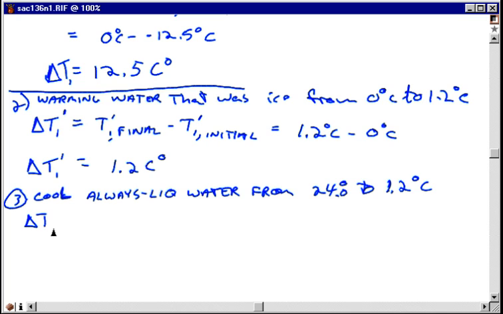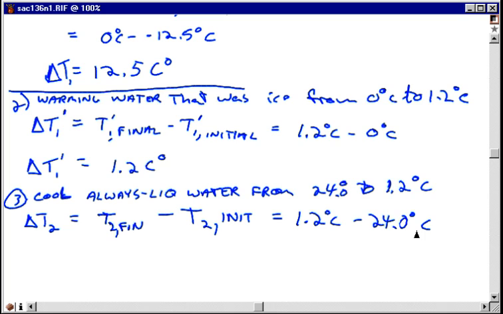And our delta T2 is going to be T2 final minus T2 initial: 1.2 degrees Celsius minus 24.0 degrees Celsius, a negative 22.8 Celsius degrees for our change in temperature.